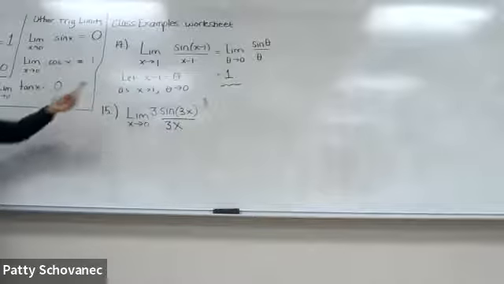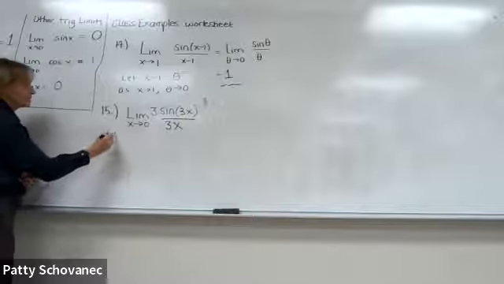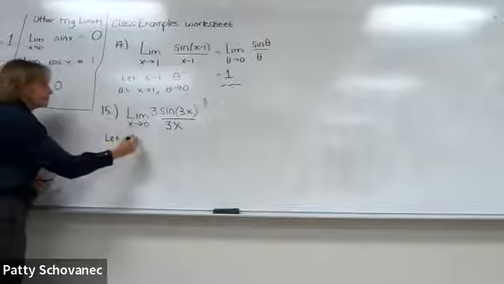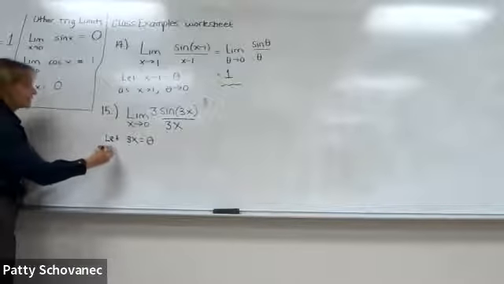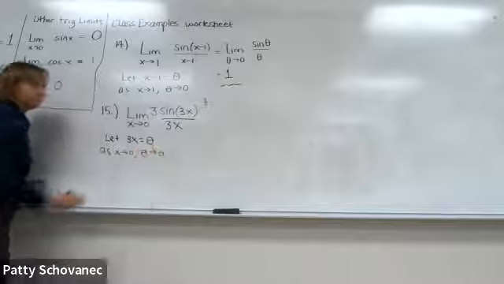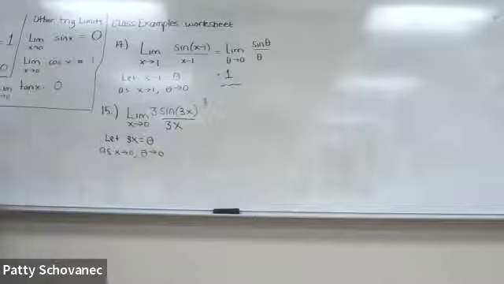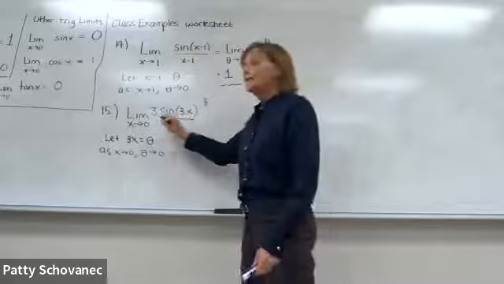Now I'm going to do that change of variable thing. I'm going to take the stuff inside the parentheses and say that it's equal to theta. And then as x goes to 0, so does theta. So everywhere I have 3x, I'm going to replace it with theta. This 3 is just a constant.